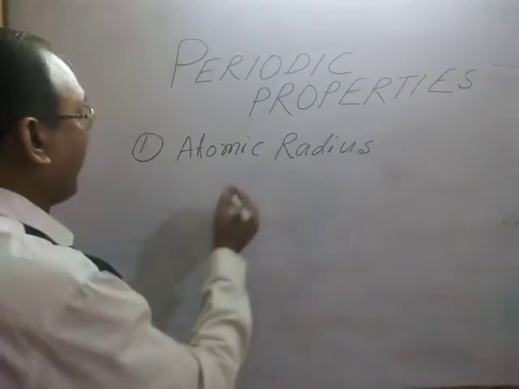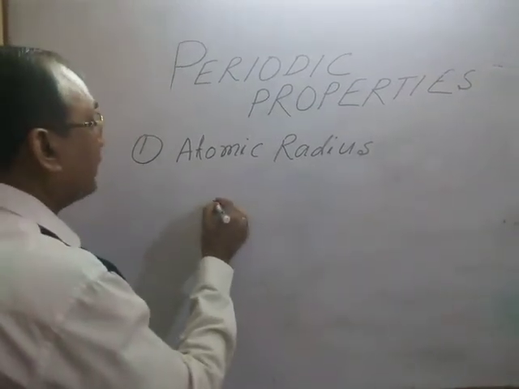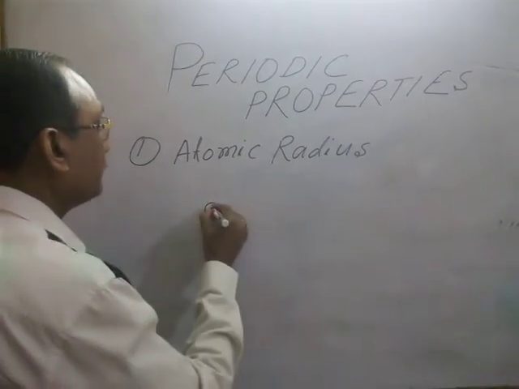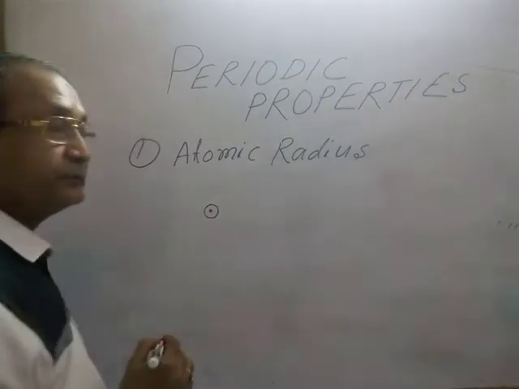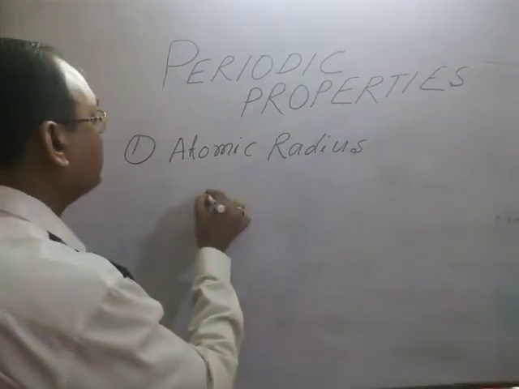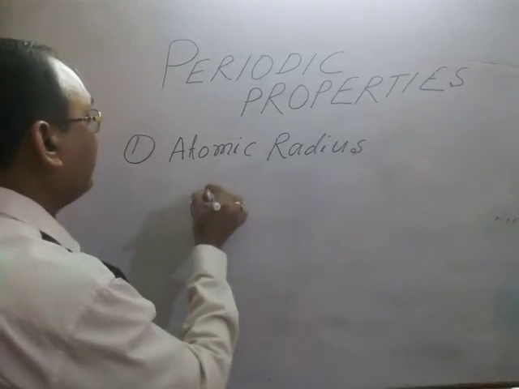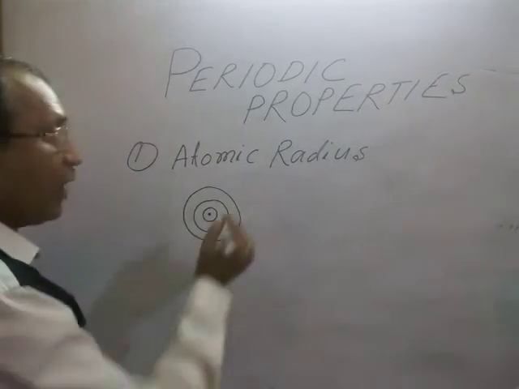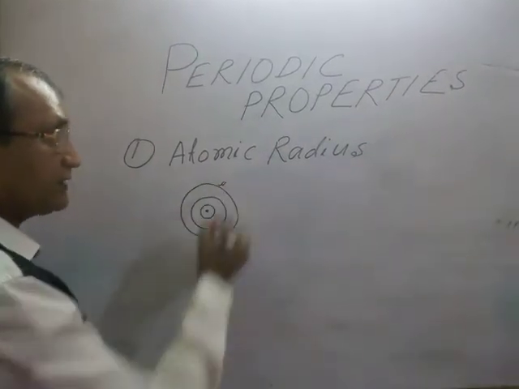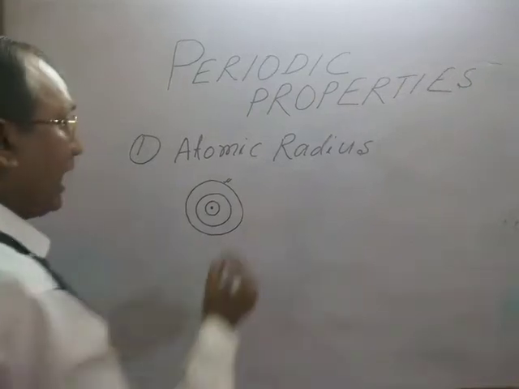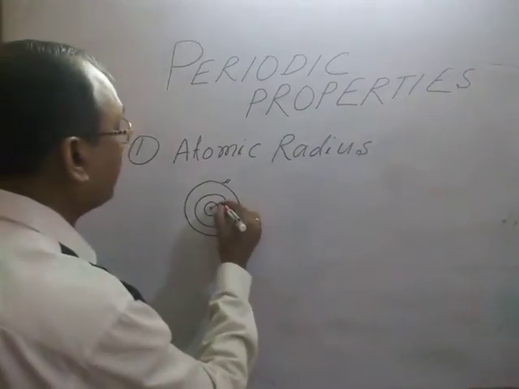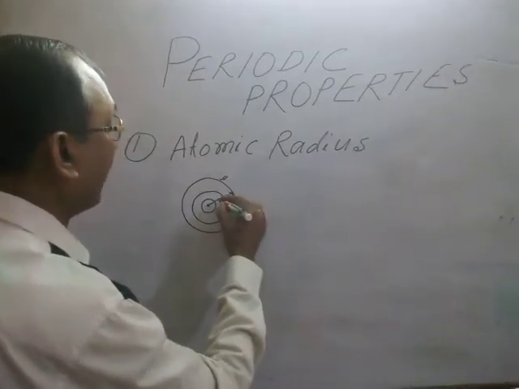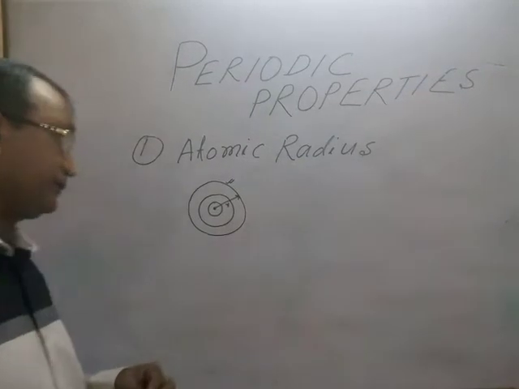If we consider any atom, and if this is our nucleus, this is the first shell, this is the second shell, this is the third shell, then what is our outermost shell? This is our outermost shell, and the distance from the center of the nucleus to the outermost shell is known as atomic radius.